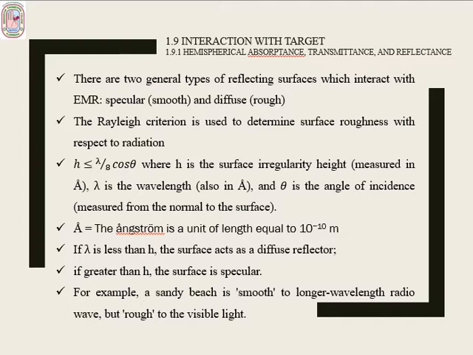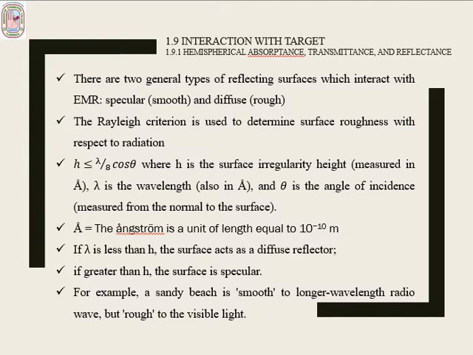There are two general types of reflecting surfaces which interact with electromagnetic radiation: specular and diffuse. Specular is the reflecting surface of a smooth surface, and diffuse is the reflecting surface of a rough surface. The Rayleigh criterion is used to determine the surface roughness with respect to the radiation.